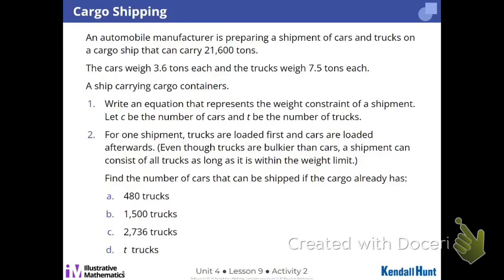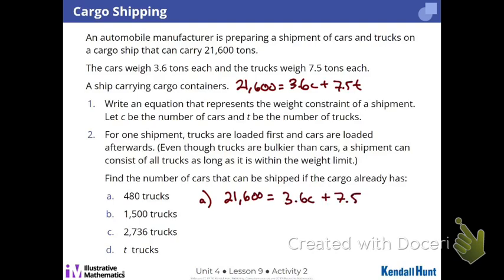All right, so I pretty universally saw this equation for the equation to be used. I saw something like 21,600 pounds. We got there by doing 3.6 for each car and 7.5 for each truck. Now, here's the most common way I saw people do A. I saw them use that equation and say 21,600 equals 3.6 per car plus 7.5 per truck.